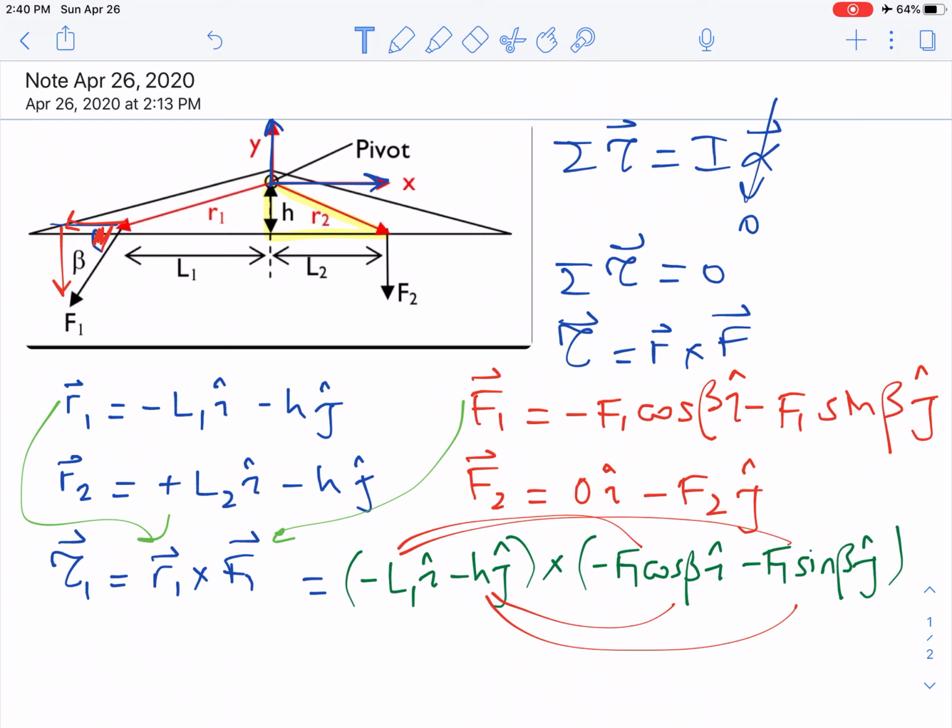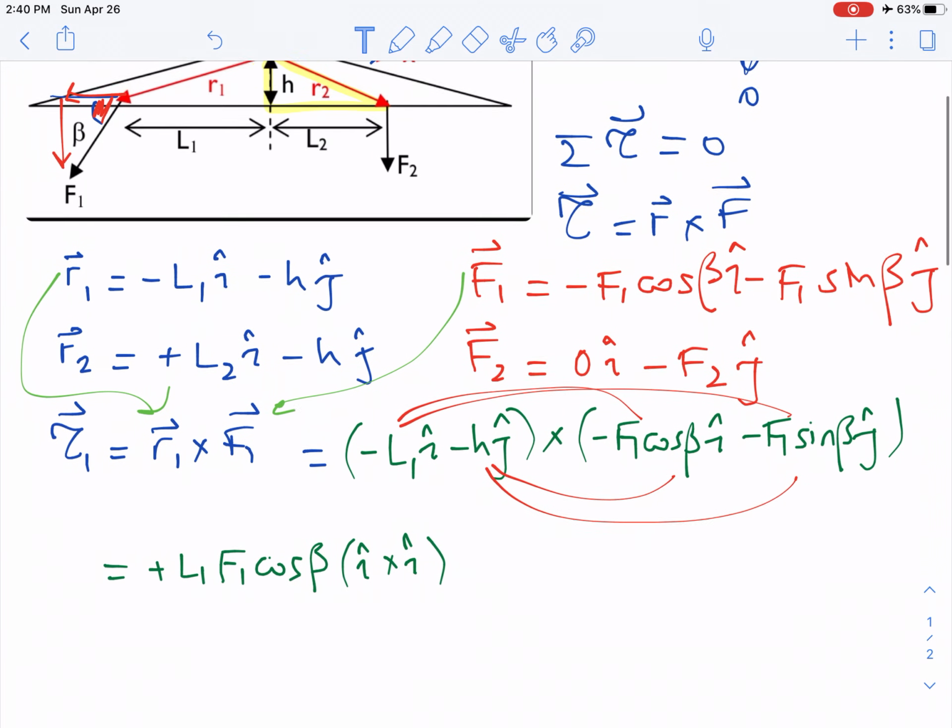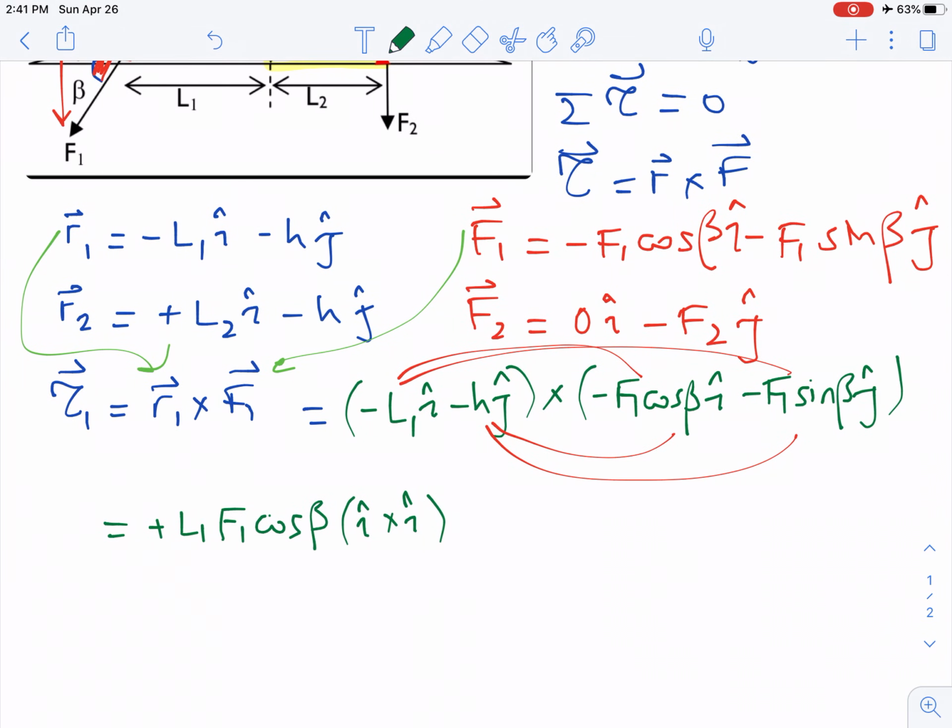But I'm just gonna write it down just so you can see it. So torque 1 becomes negative. So the first term is negative, negative becomes positive. L1 from the first term, and then F1 cosine beta, but this is i cross i. Okay, I'm going to write all 4 terms so we can really analyze this problem.